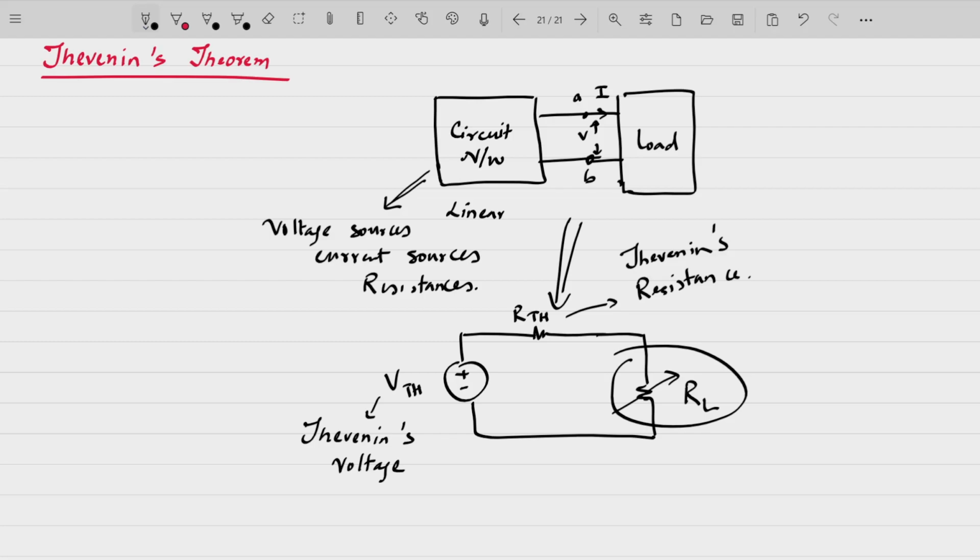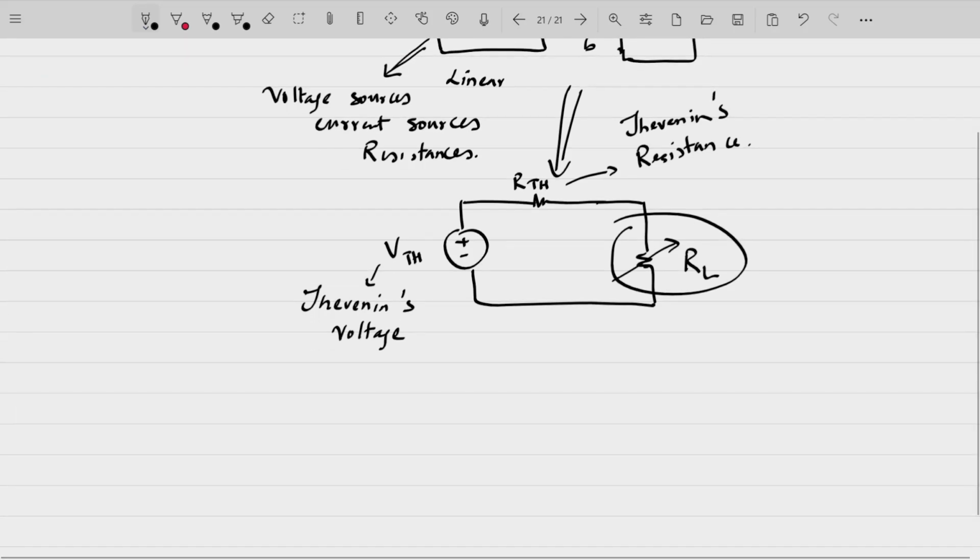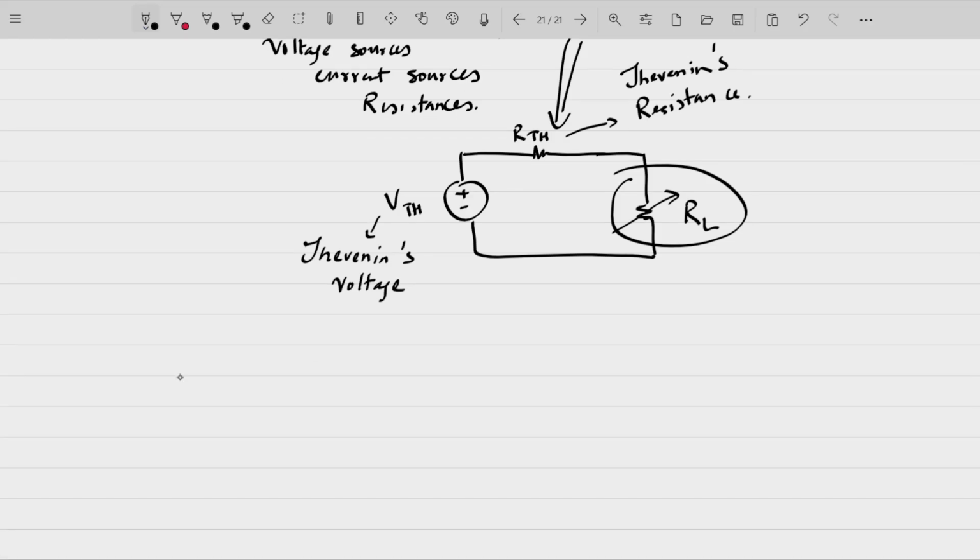That fixed resistance is the Thevenin's resistance, and that will then be in series with the load resistance across which we want to find out the value of current or the voltage. So all of this complex circuit will boil down to a simple circuit which has one voltage source and two resistances in series with each other. So you can have a circuit like this.